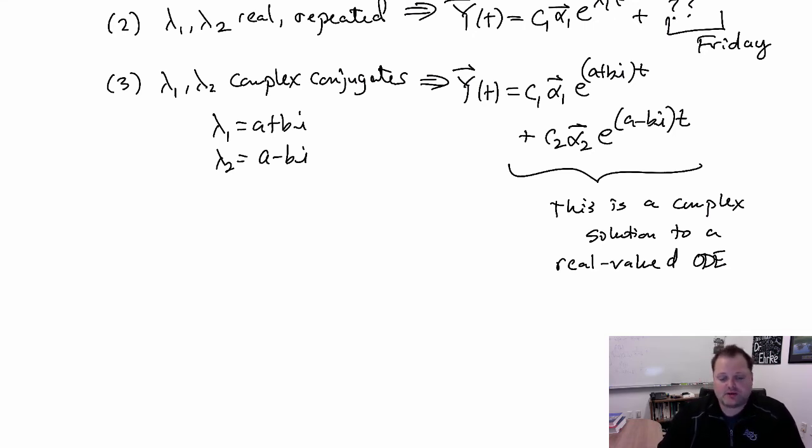And it turns out, with the theorem we're about to look at, you'll never get a complex solution if you don't want one. In other words, I can take this solution and always make it real. Okay? So we're going to use a little bit of Euler's formula that we just learned about, coupled with the theorem that we're about to talk about, to be able to solve this problem when you end up with complex conjugate eigenvalues.